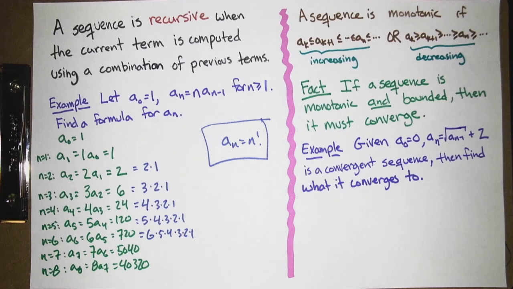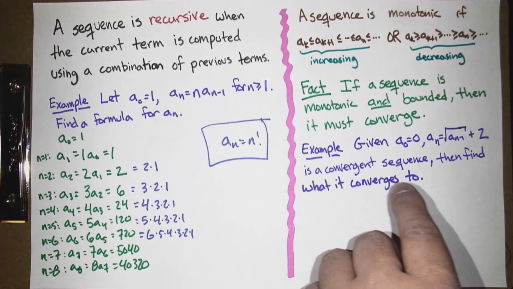Most of the time, we will not be able to tell you what the answer is, but we want to be able to say there is an answer. So this is the kind of tool that lets us say, we know there's an answer because it's growing, but it can't grow too big. It's bounded. So this is the kind of tool that lets us say, yes, there is a number.